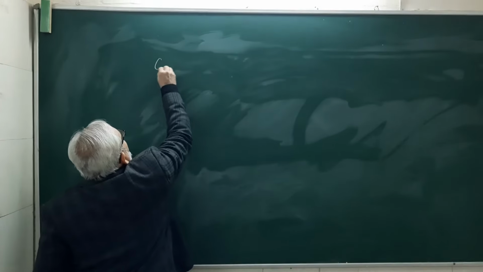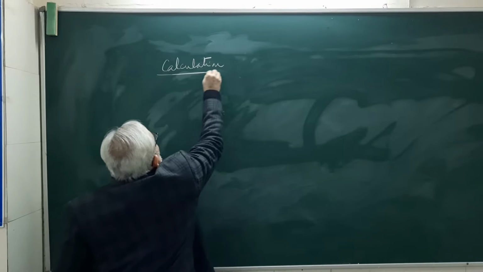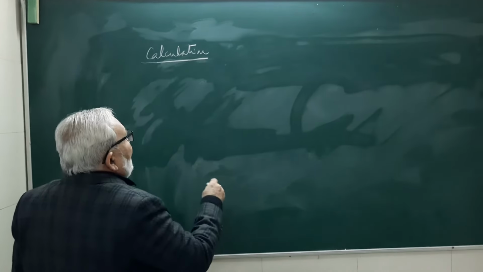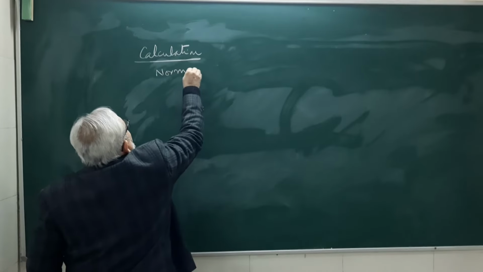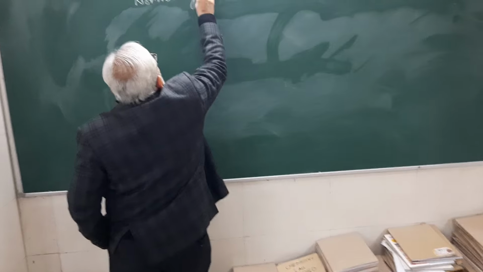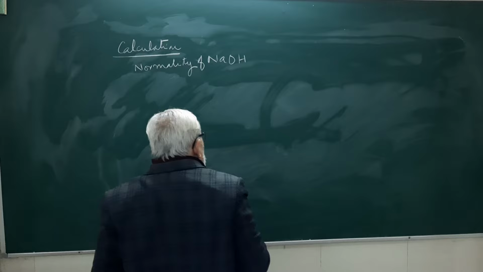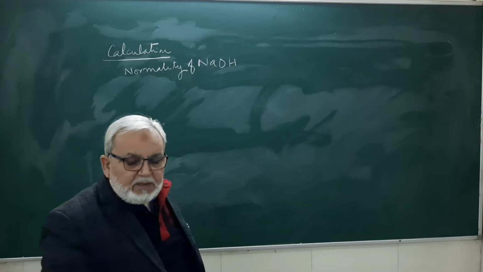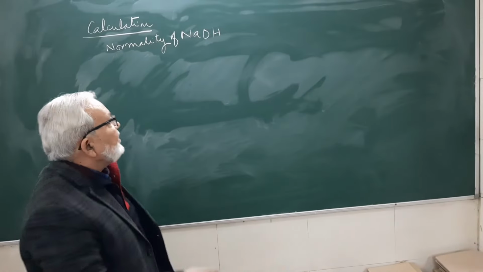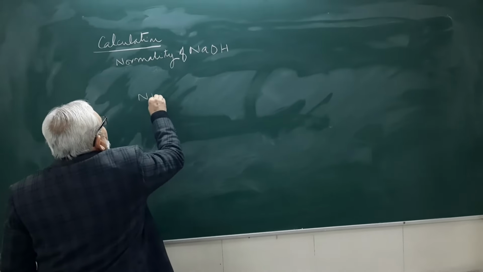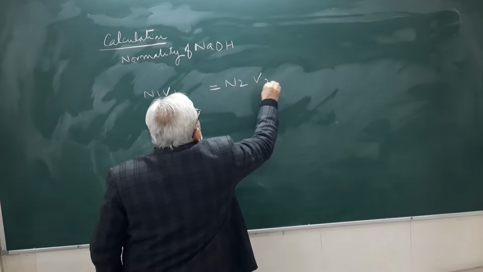Calculation. Normality of NaOH can be calculated by using the normality equation N1V1 equals N2V2.